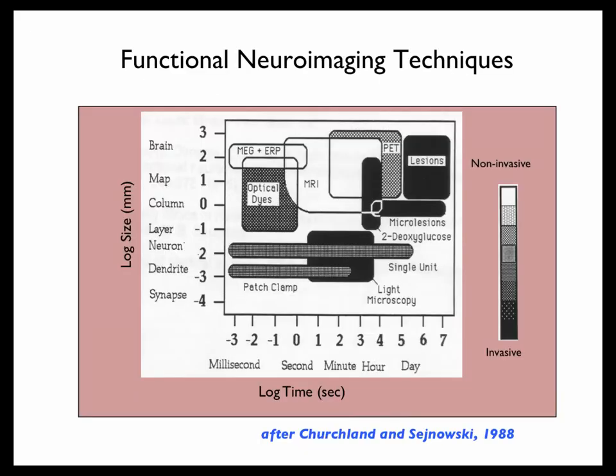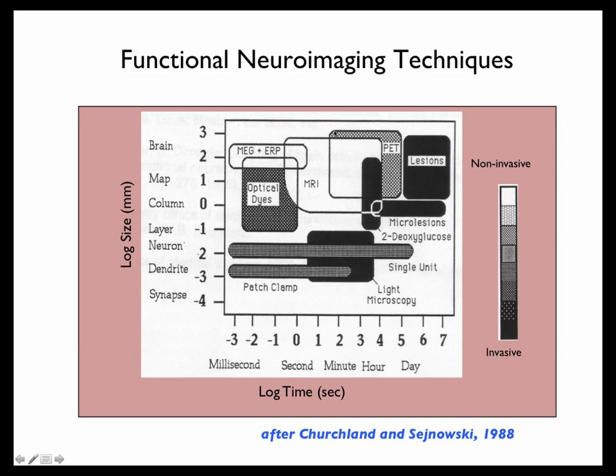So essentially, this is a classic chart of where MRI fits with all the other techniques. You have MEG and EEG that are very fast, but relatively coarse. Some people argue that you can get a lot higher spatial resolution with them, but your spatial certainty is still low because there's still the inverse problem.